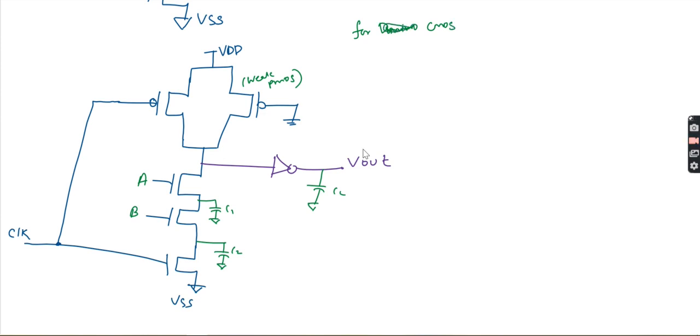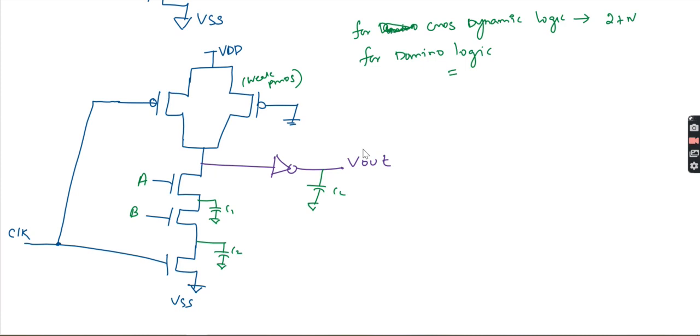Not Domino, okay? CMOS Dynamic Logic. For CMOS Dynamic Logic, 2 plus n transistors were required. But here, for Domino Logic, how many transistors are required in total?